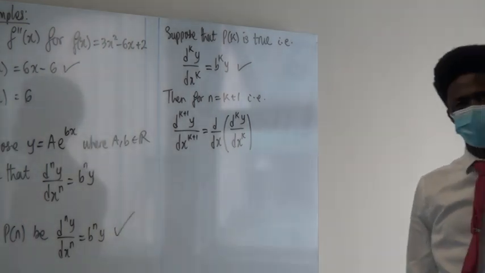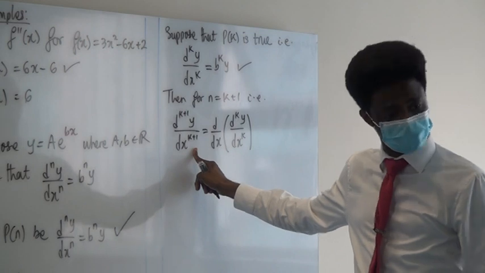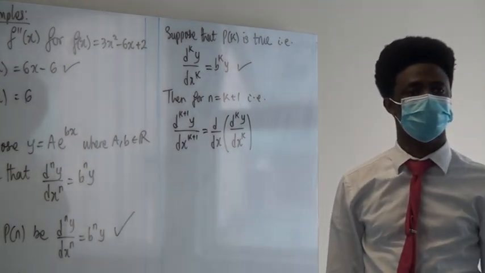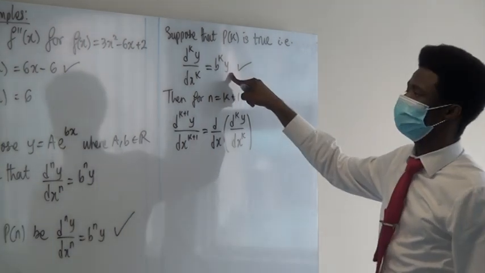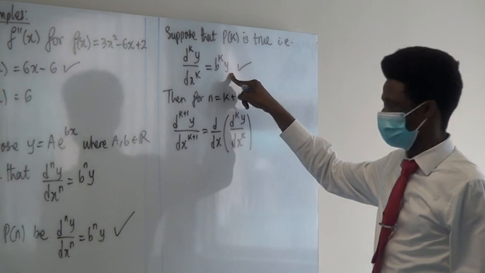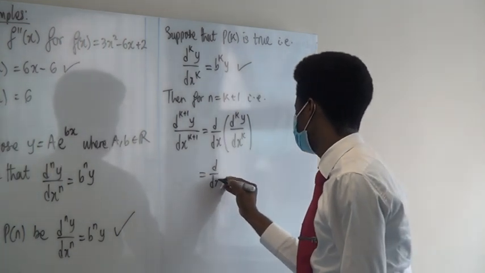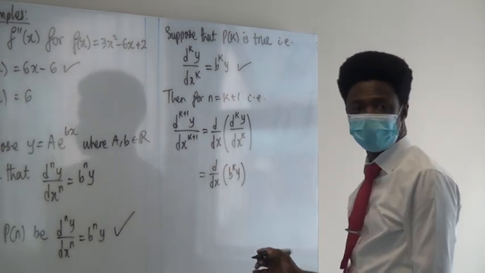You have to differentiate something to be able to get the k plus 1 derivative. Then you must have differentiated the kth derivative. Are you with me? So this kth derivative is actually your proposition. So which means we are talking about d/dx of b raised to power k times y, right?